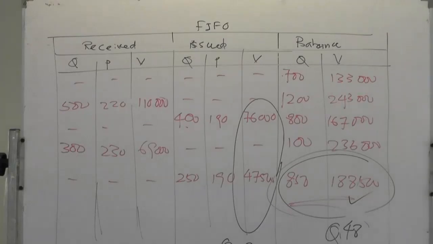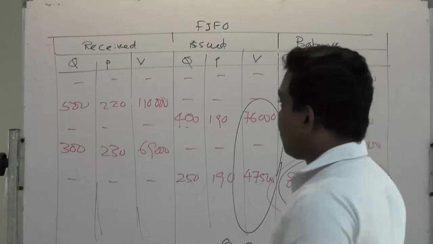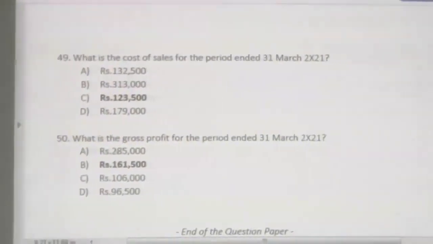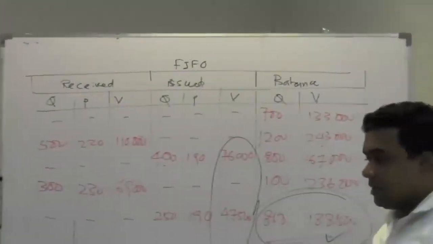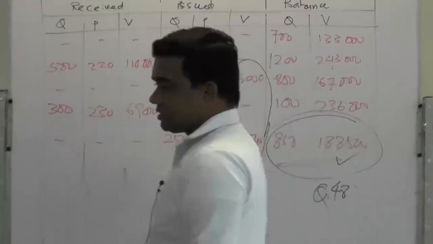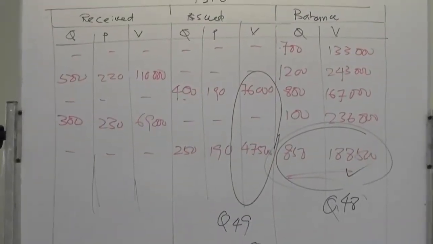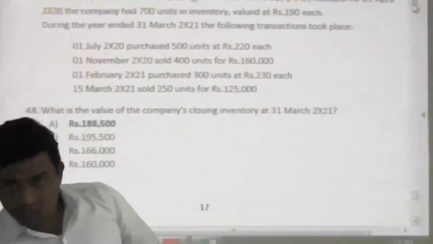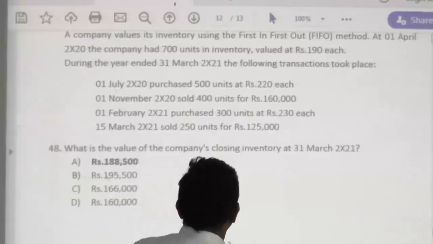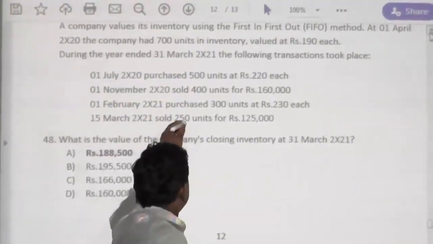You can see the answer given as 123,500. And the final question in the pilot paper. What is the gross profit for the period? The gross profit will be the sales price minus cost of sale. To take the total sales price, you have to go to the information given in the question. You have made two sales, November sold, March sold.